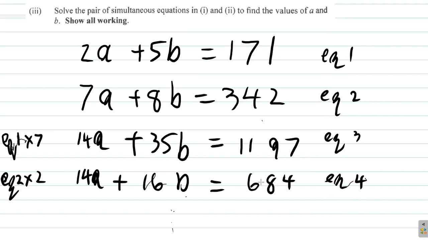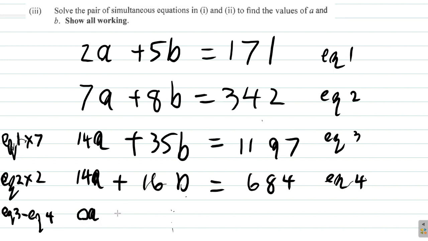See that? Now, I can say equation 3 minus equation 4. What happened? 14 minus 14. That's 14a minus 14a, that's 0a. A is gone, you know. I didn't have to write the 0a.